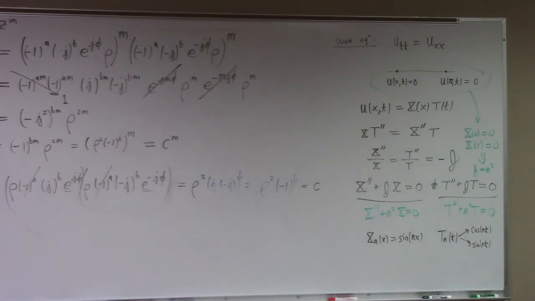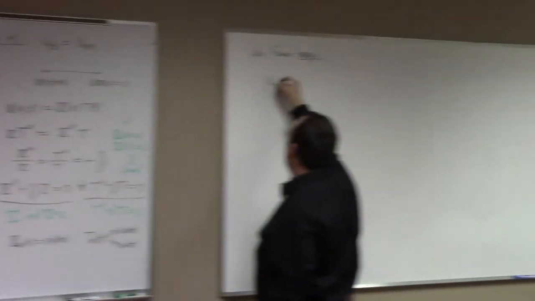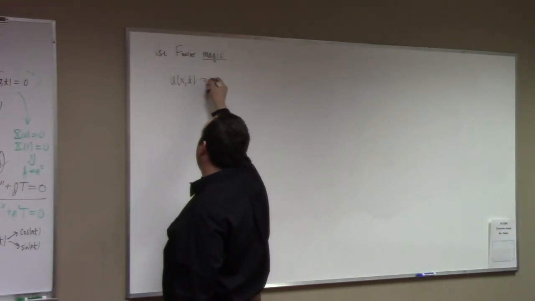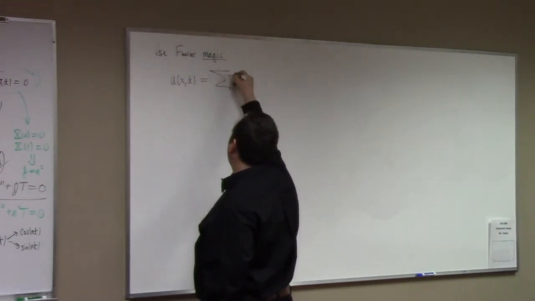And then the typical thing is to use Fourier magic. And I say Fourier magic because we don't do the analysis. That means it's just magic. And we construct it as a formal sum, right?